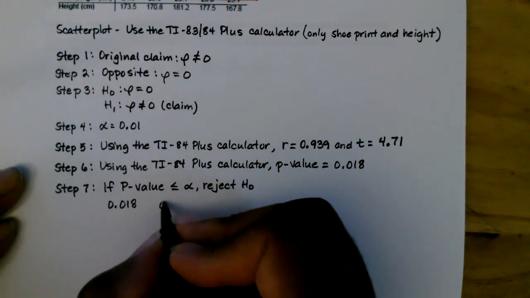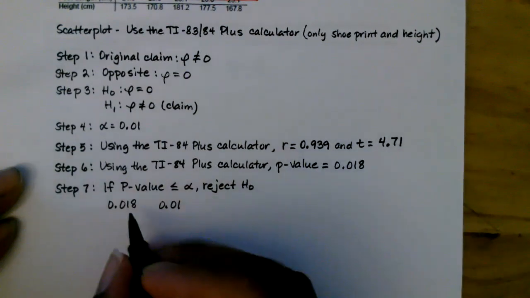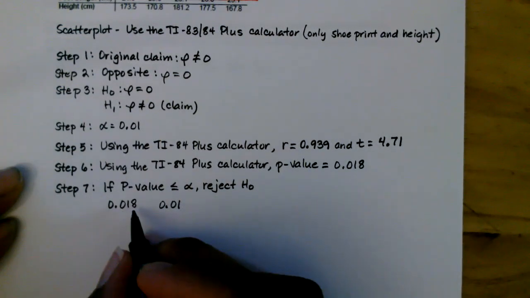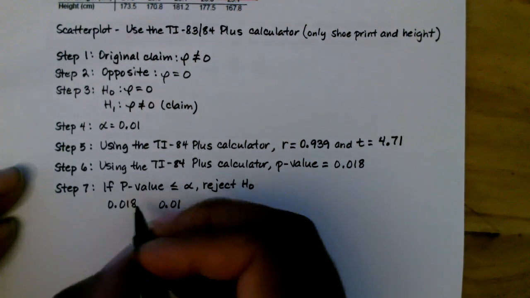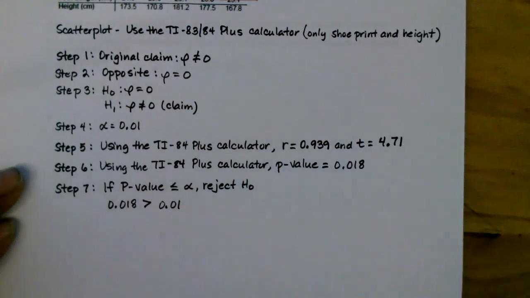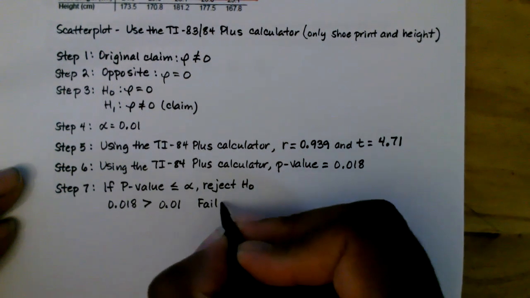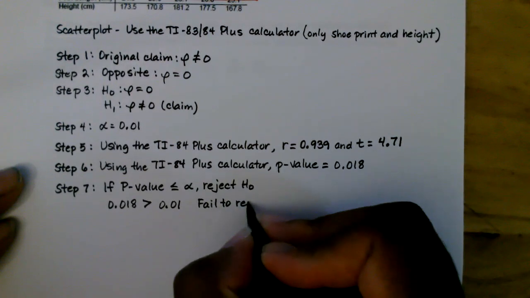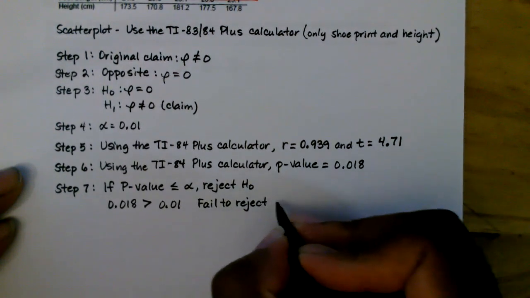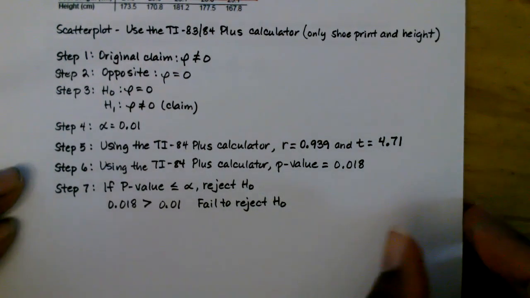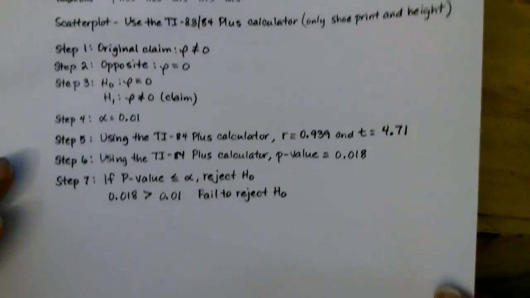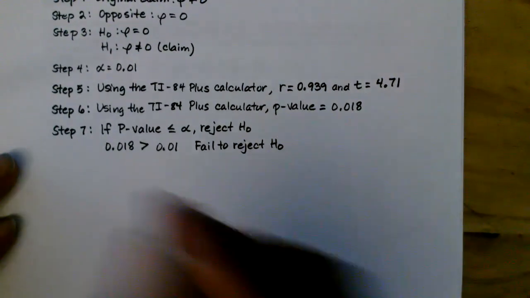The alpha level is 0.01. Compare those two, you'll see that 0.018 is greater than 0.01. Does not satisfy the decision rule, so that means we need to fail to reject the null hypothesis. Fail to reject the null hypothesis.